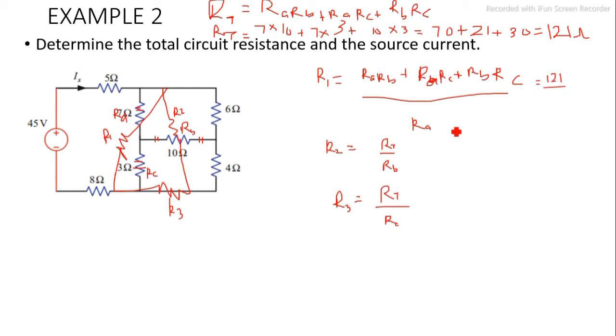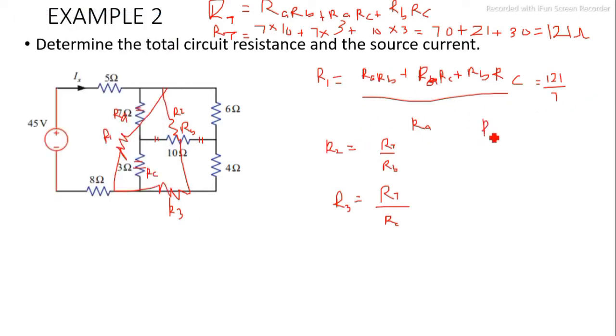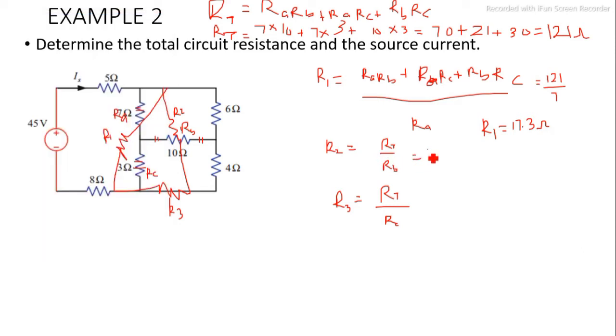So that'll be 121 divided by RA. What's our RA? Our RA is 7. So 121 divided by 7, that's 17.3. So that means our R1 is 17.3 ohms. Same way, our R2 is RT, that's 121, divided by RB.